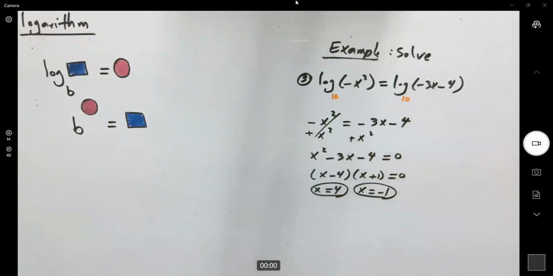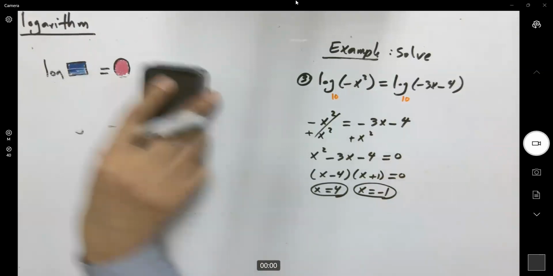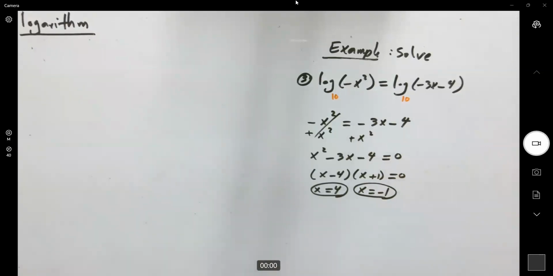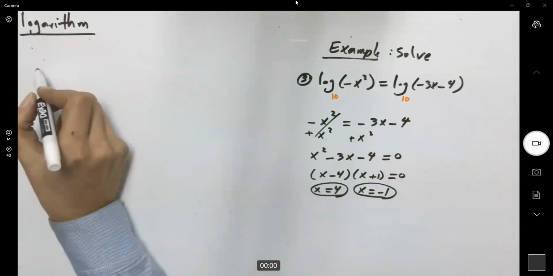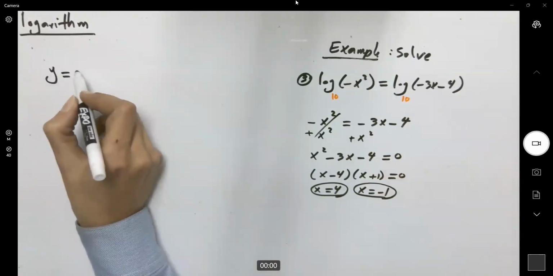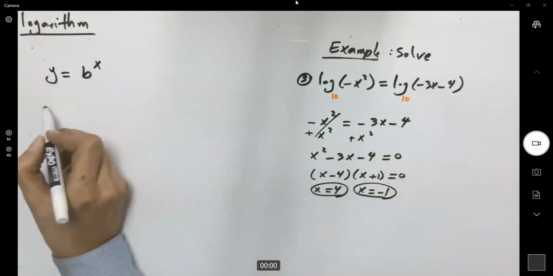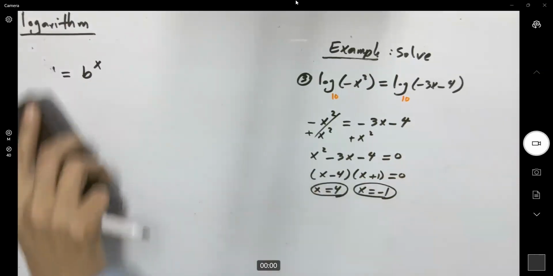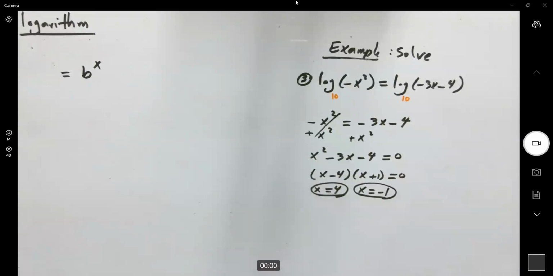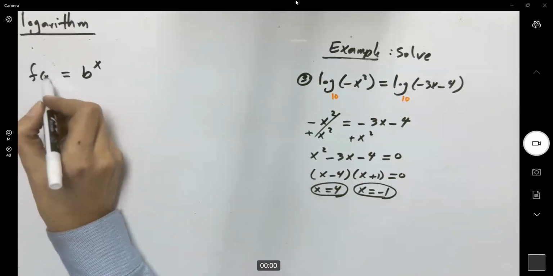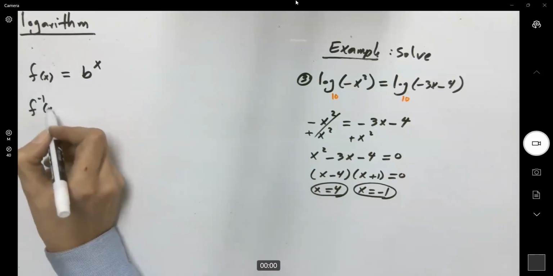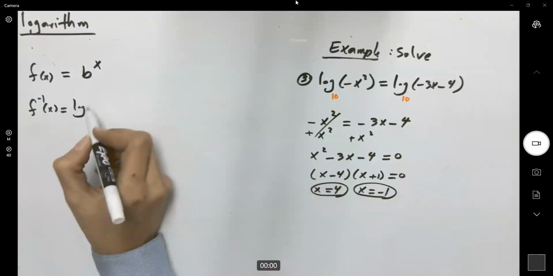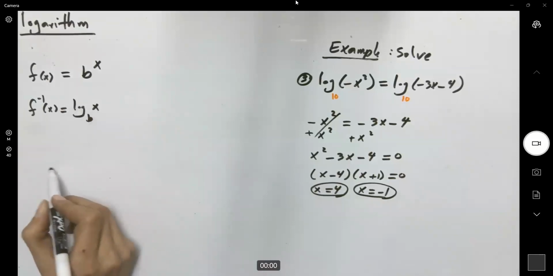Why is that? Remember, the log is the inverse of the exponential function. If you have y equals b to the x, its inverse, let's write it as f, so you don't confuse it. So if f of x is b to the x, the inverse of f is log with base b of x.